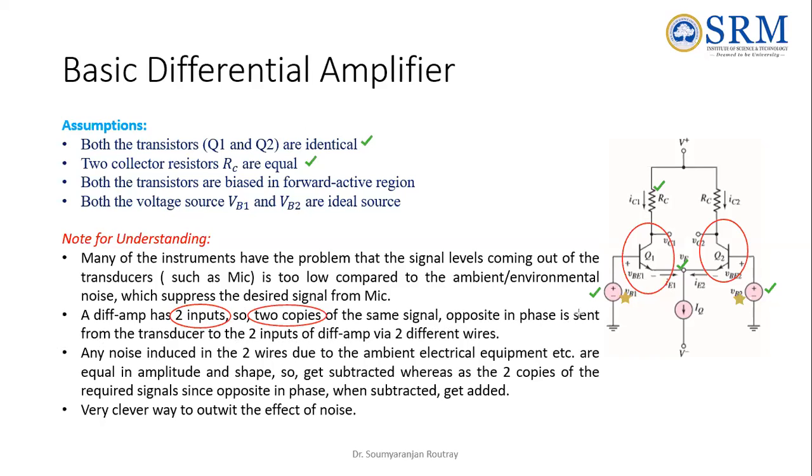What is the meaning of this point? Let's consider we are sending a sine wave like this to VB1, and the out of phase signal of this sine wave to the other input. The in phase signal goes to this one, and the out of phase signal goes to this one.